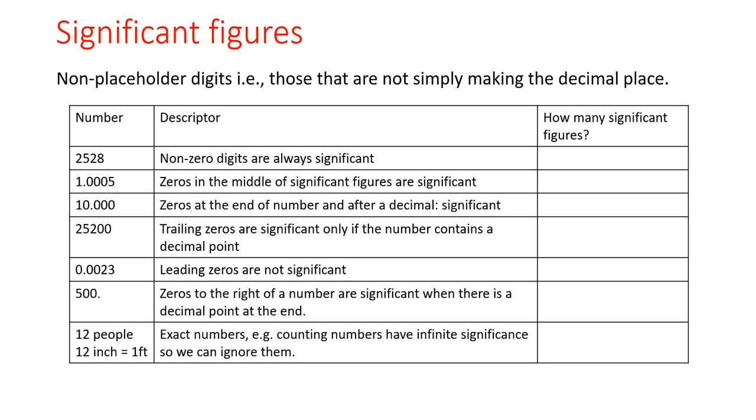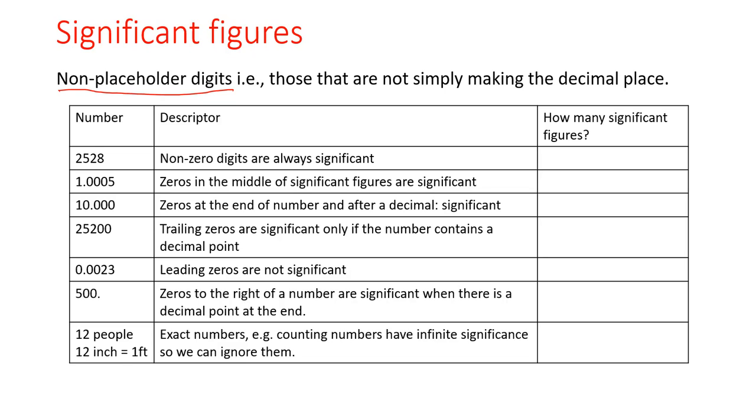So by definition, significant figures are just non-placeholder digits. So what we mean is that the digits are not simply marking a decimal place, or just showing you that you are in the hundreds.